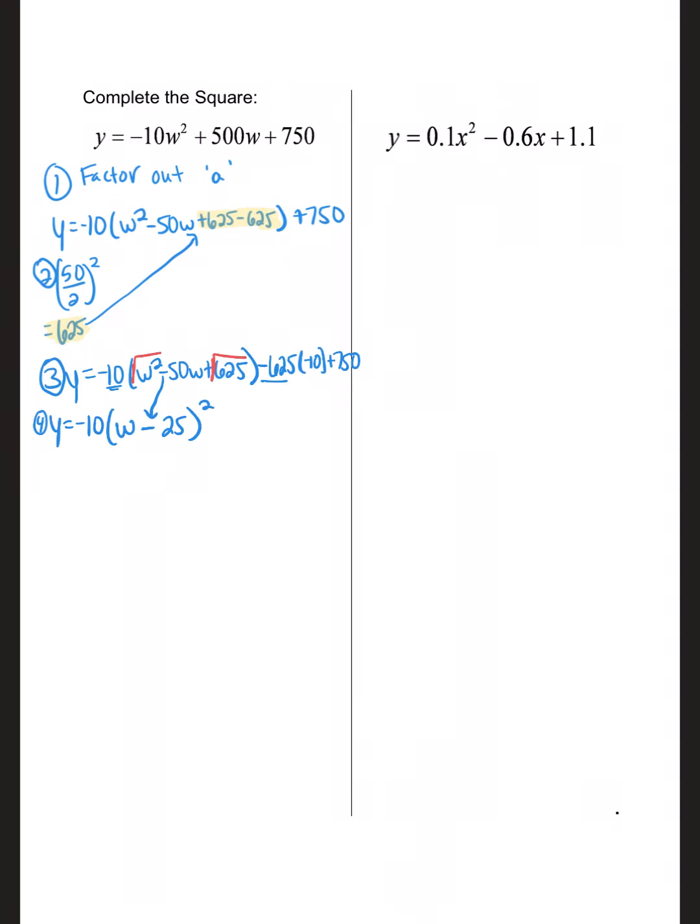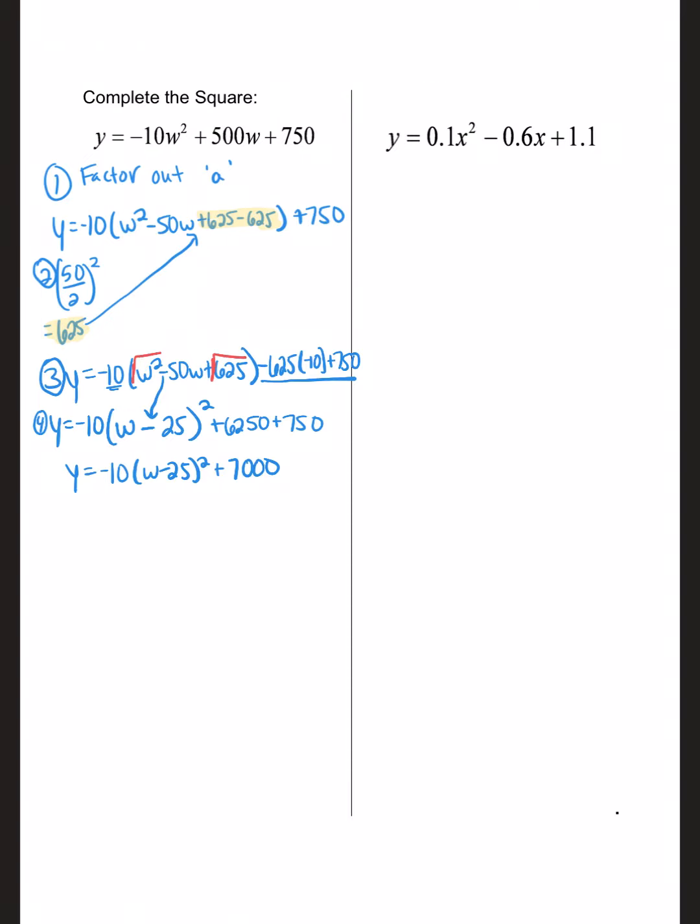Then we just have to simplify all these constants outside of our brackets. So negative 625 times negative 10 is a positive 6,250 plus 750. So we'll have negative 10 times w minus 25 squared plus 7,000.